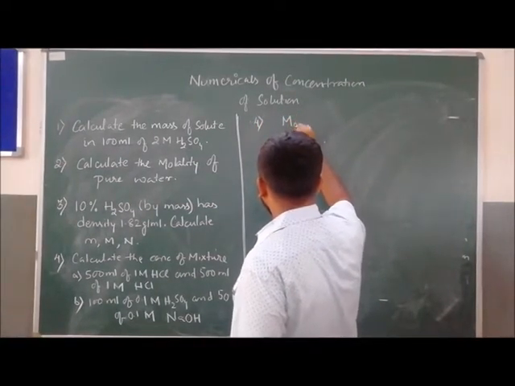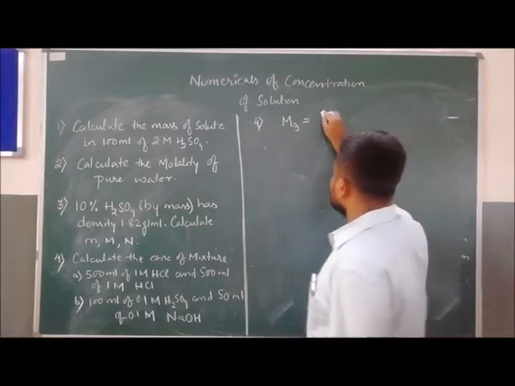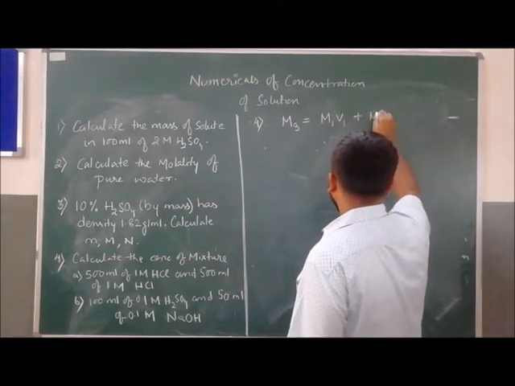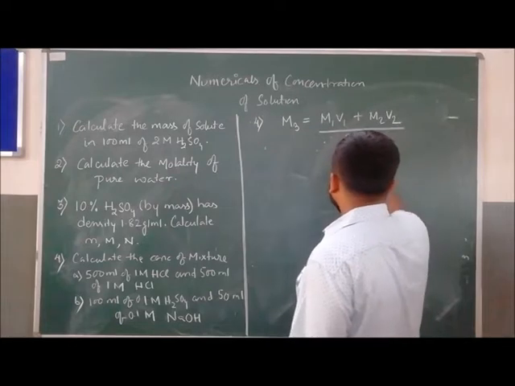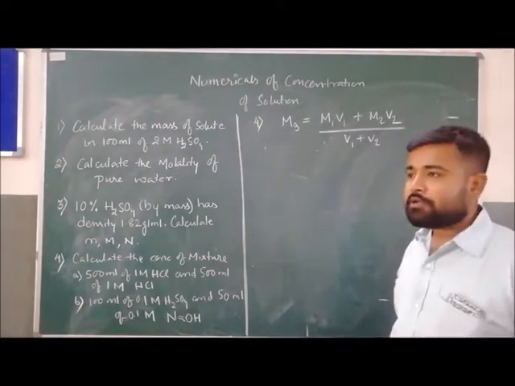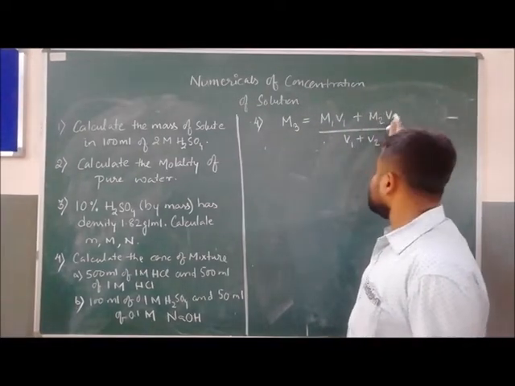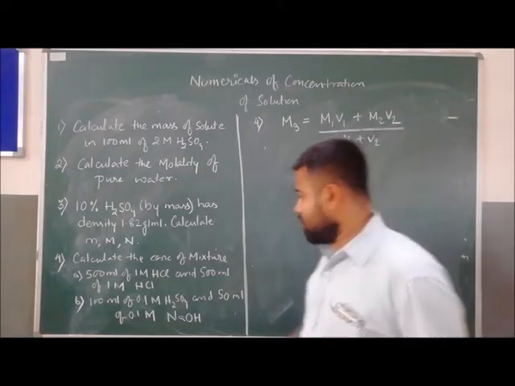Formula first: M3 is equal to M1 V1 plus M2 V2 by V1 plus V2. So what is M1 here?